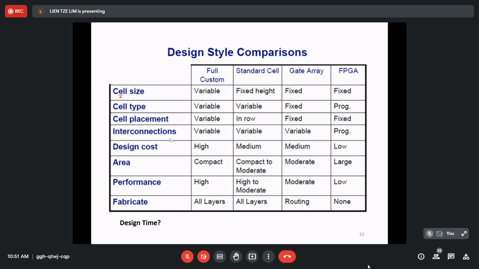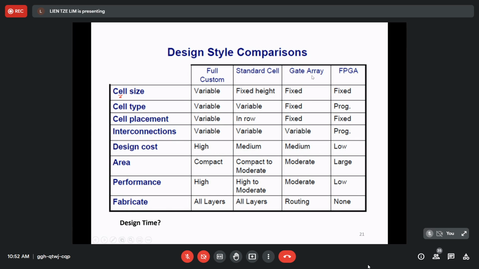Okay, if you don't really understand, it is okay, but you just get the rough idea of what is meant by the table given here. For the cell size, it is variable for full custom. For standard cells, it is a fixed height.